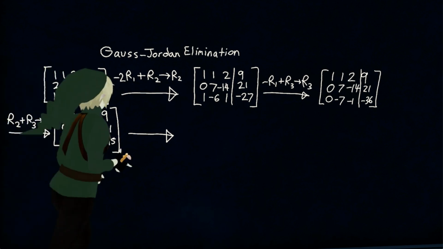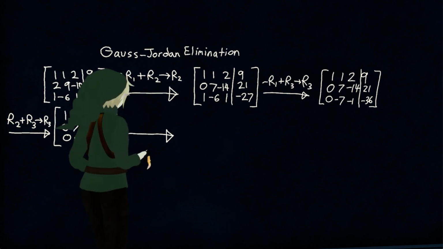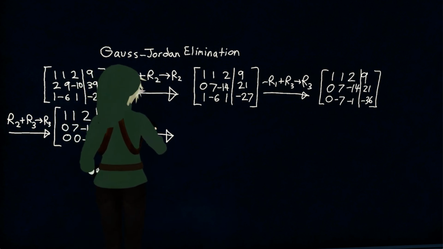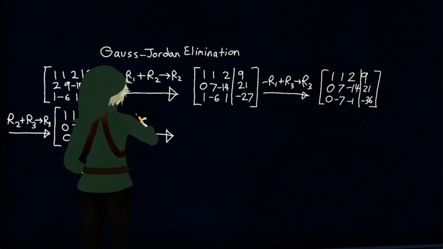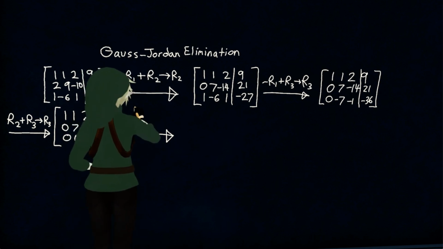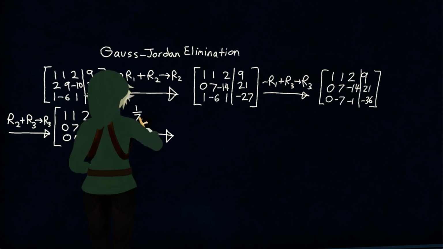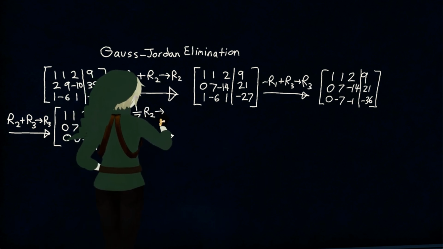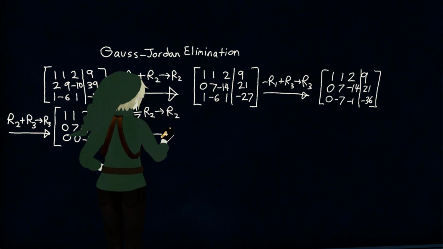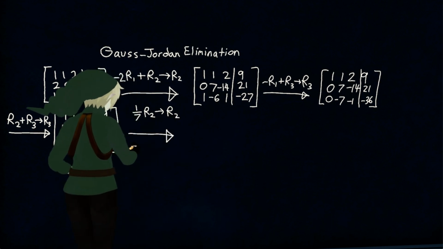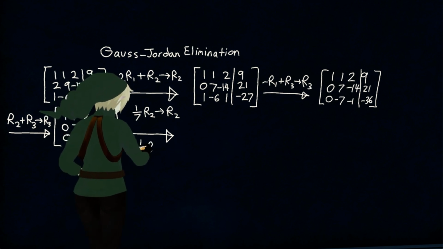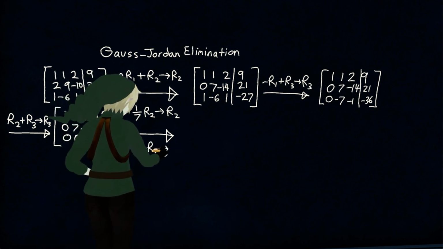So I'm a lazy mathematician, so I'm gonna do 2 things at once. I'm gonna multiply the second row by 1/7, and that's gonna become my second row. And I'm gonna divide by negative 15, that's also going to be my third row.